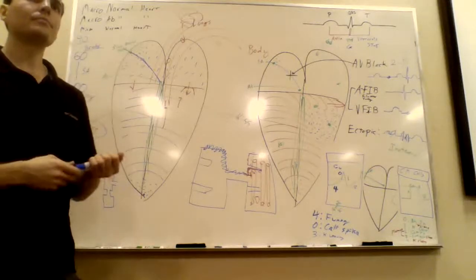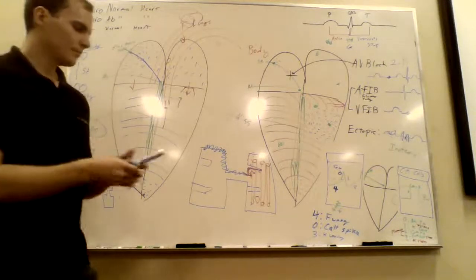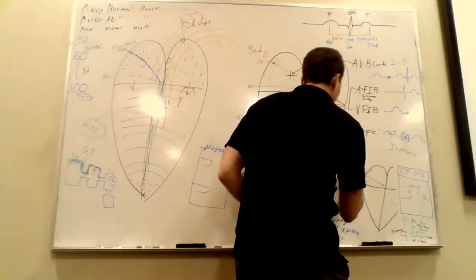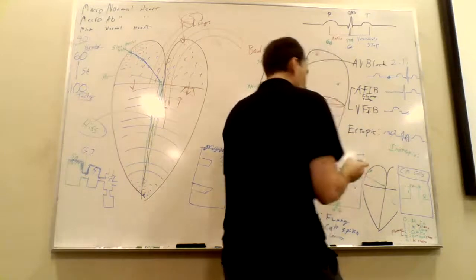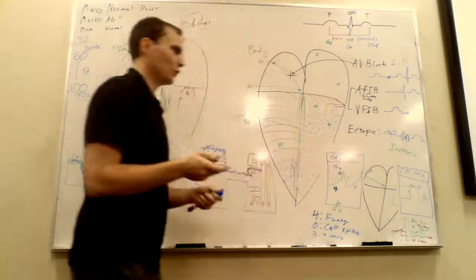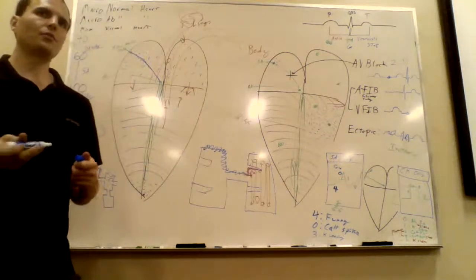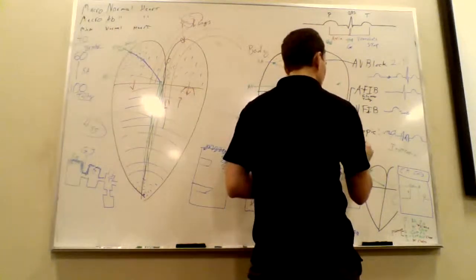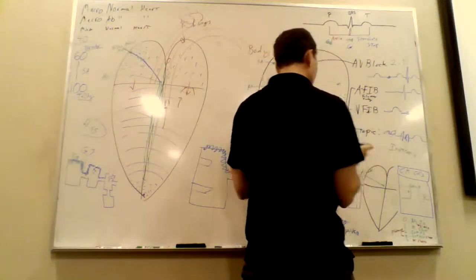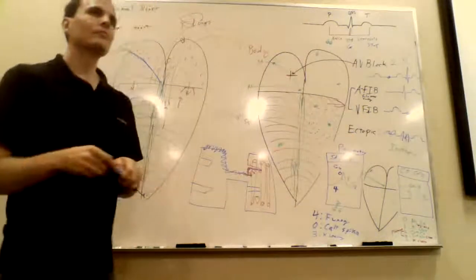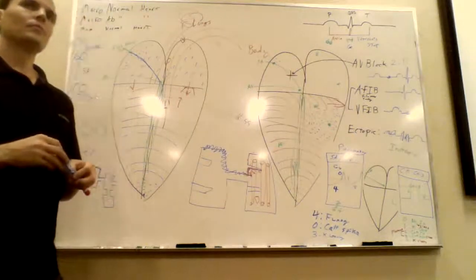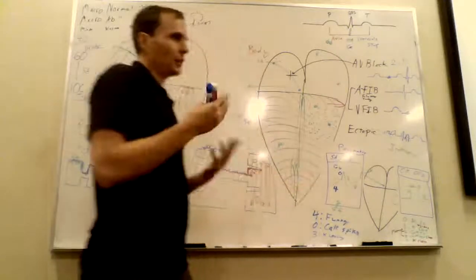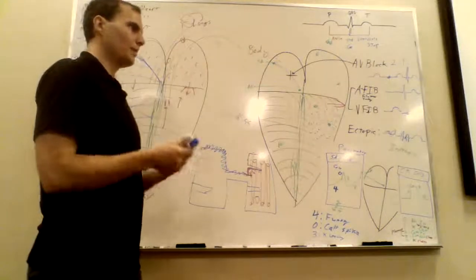Question? This 4, 0, 3, what is it called? The nodal action potential? It's the pacemaker function of the SA or AV nodes. How is it related to the action potential? So this is what's going to form, I've been calling it an action potential, it's a little bit different.